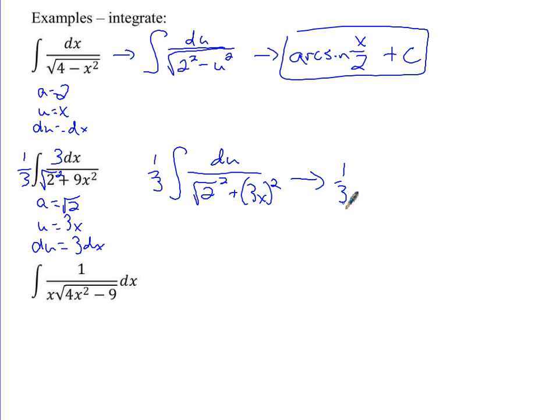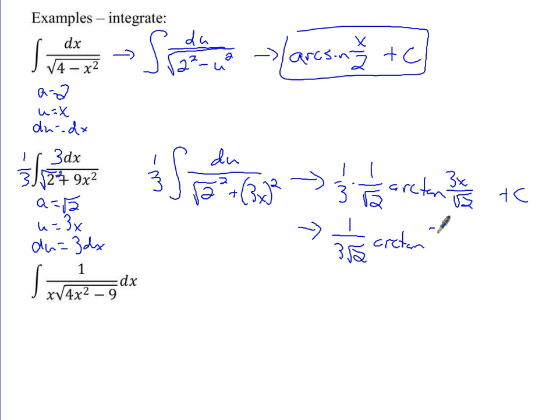Don't forget the 1/3 times 1 over the square root of 2 times arctangent u over a, 3x over the square root of 2. Don't forget your plus c. We can combine this, so that gives us 1 over 3 root 2 arctangent 3x over root 2 plus c.